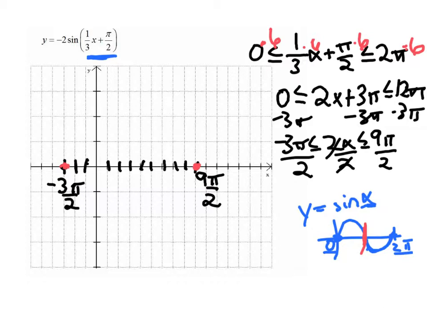This would be 12 spaces, because there's 9 spaces over here and 3 spaces over here, so a total of 12 spaces. If I count over 6 spaces, 1, 2, 3, 4, 5, 6, this would be the middle. And it looks like the middle too, so that's always a good sign. That's where I get that other x-intercept.